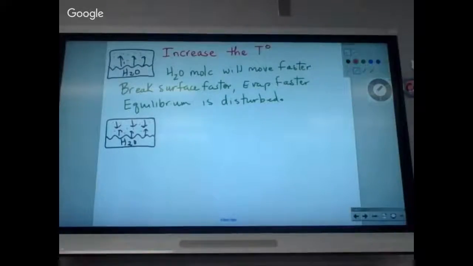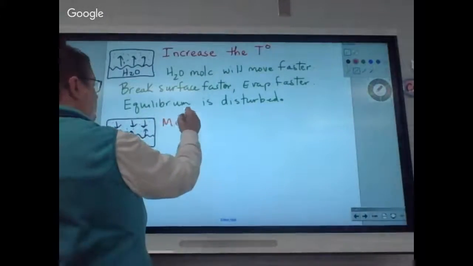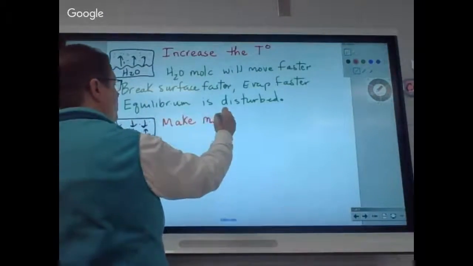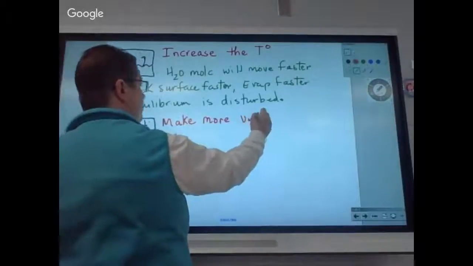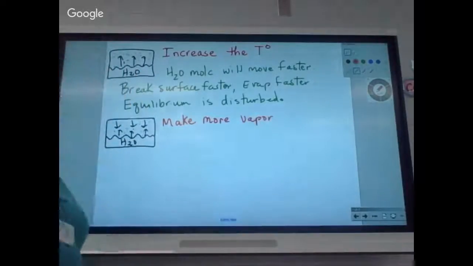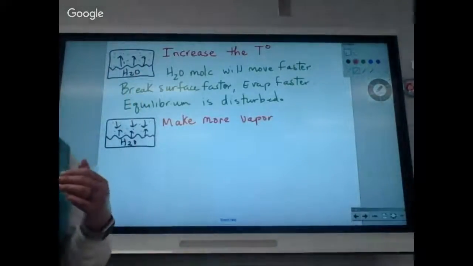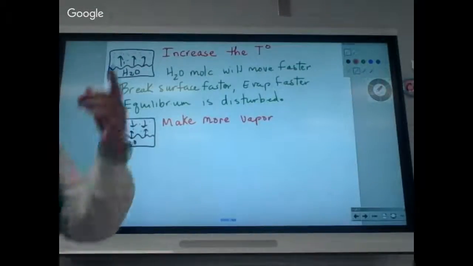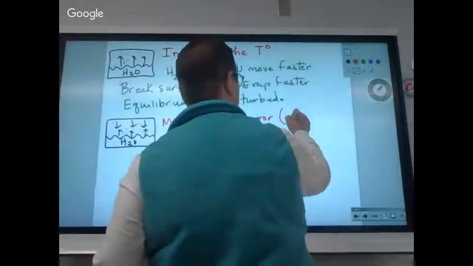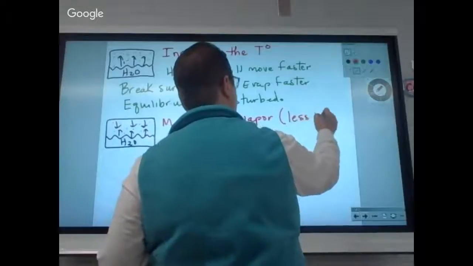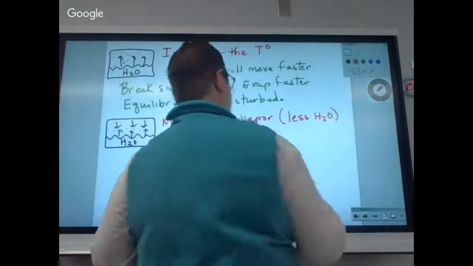All right, so what's going to happen now in the second box? What are we making more of if we're evaporating faster? We make more vapor. If we're making more vapor, what are we getting less of? That's right, so I'm just going to write that in parentheses. There will be less water because it's turning into vapor.